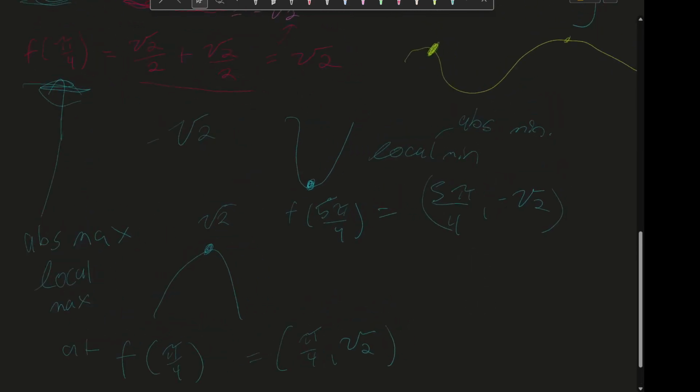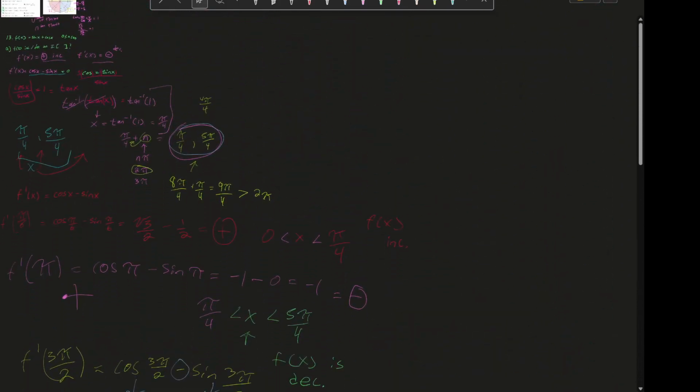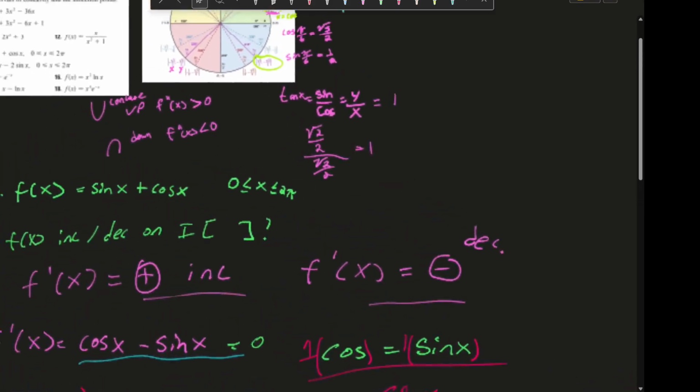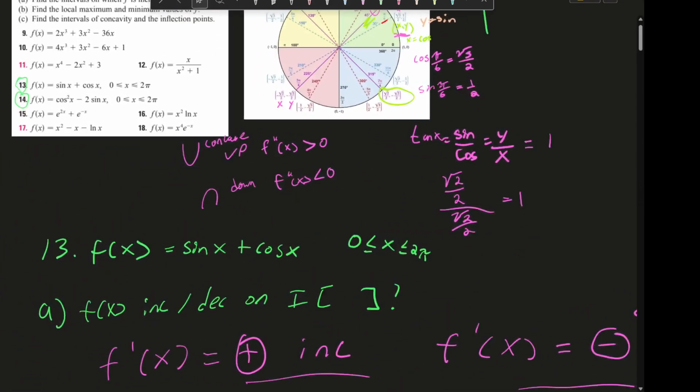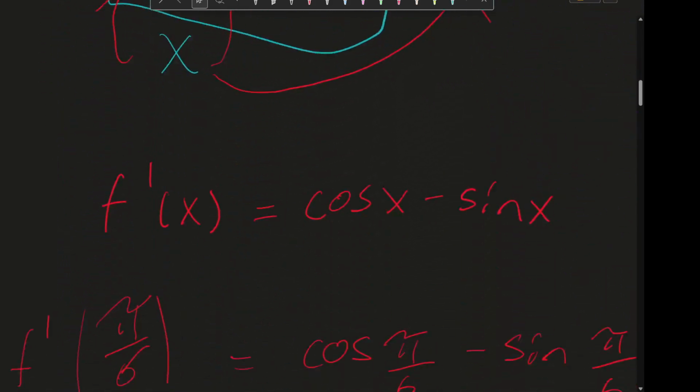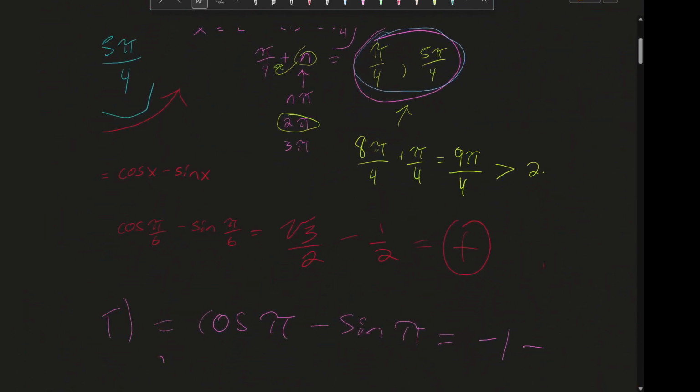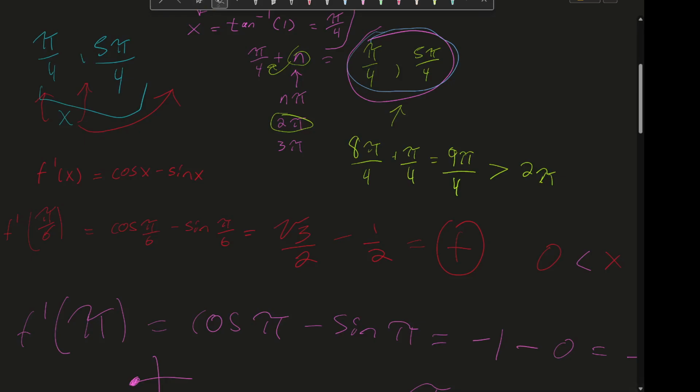Okay, let's quickly look at part C, and then we'll move on to the next question. Part C says, find the intervals of concavity and the inflection points. Okay, so where's our first derivative at? Here's our first derivative.